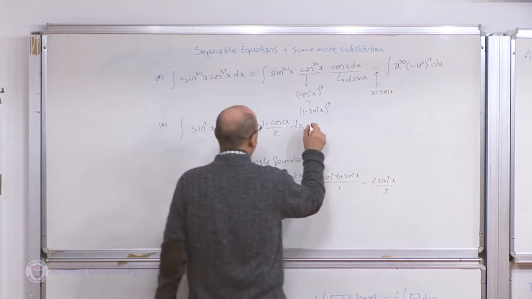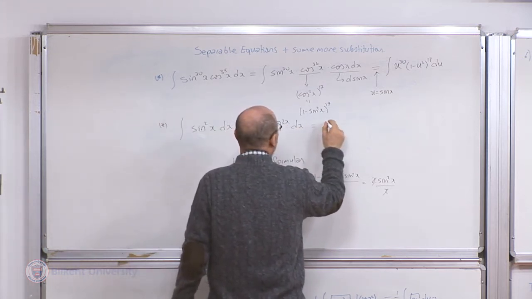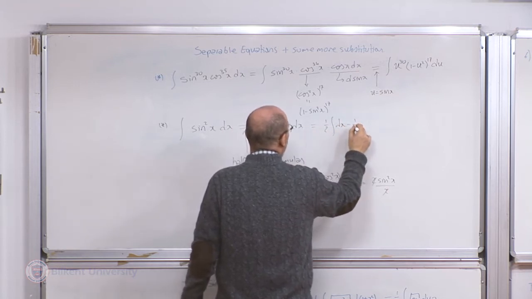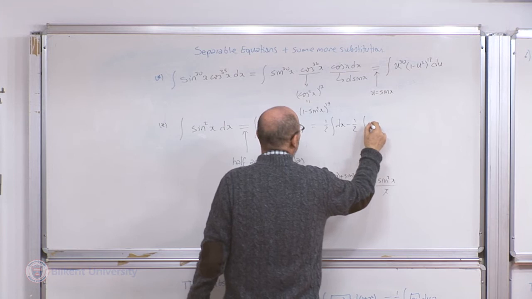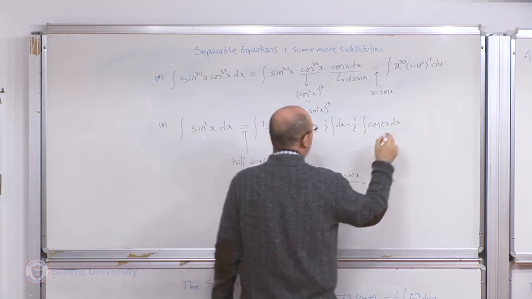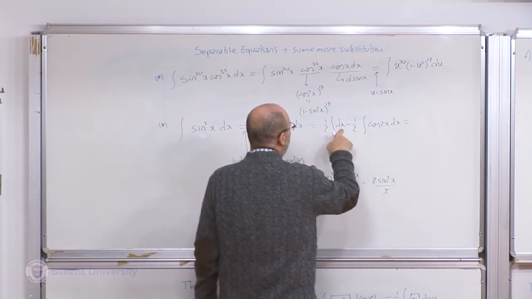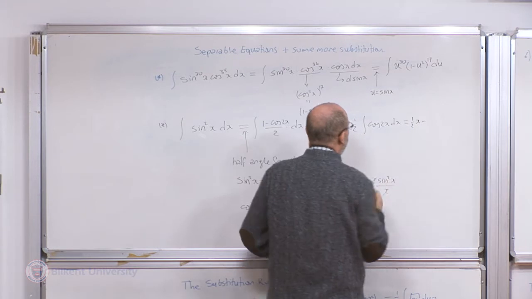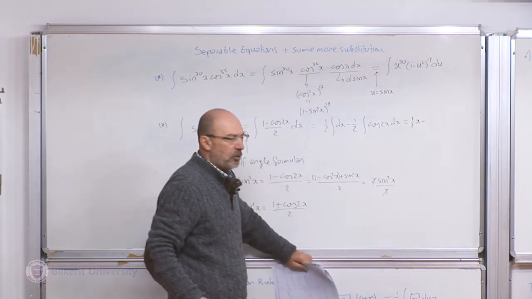So this one is now easy. This is integral 1 over 2 dx minus 1 over 2 integral cosine 2x dx. So this one is x, so 1 over 2 x minus the antiderivative of cosine, which is sine.